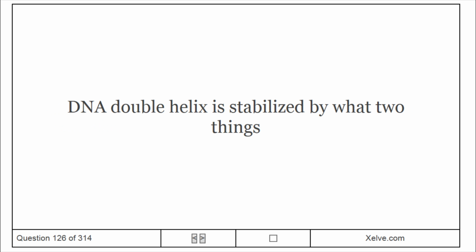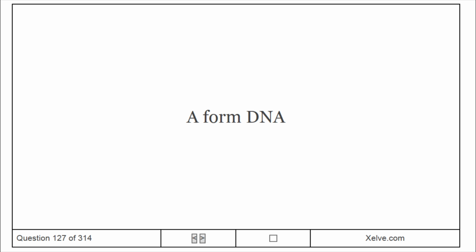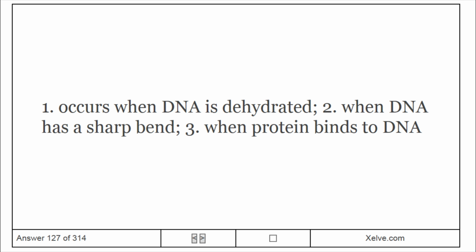The DNA double helix is stabilized by what two things? Base pairing and base stacking. A-form DNA: one, occurs when DNA is dehydrated; two, when DNA has a sharp bend; three, when protein binds to DNA.